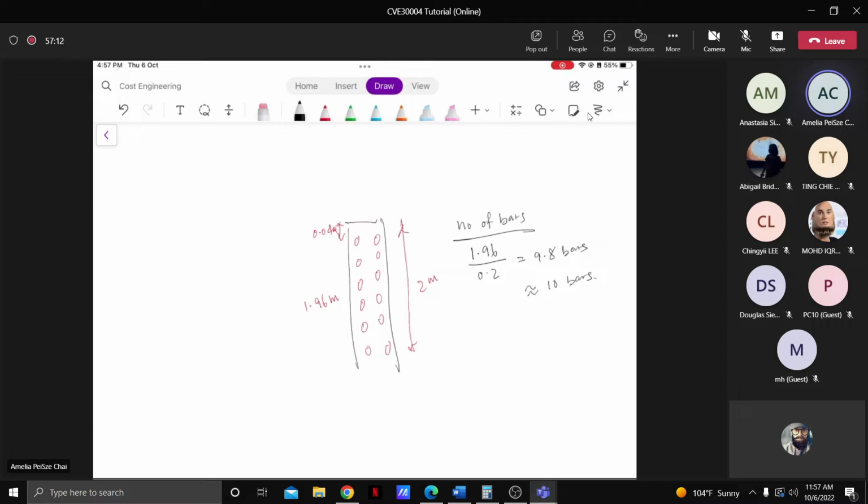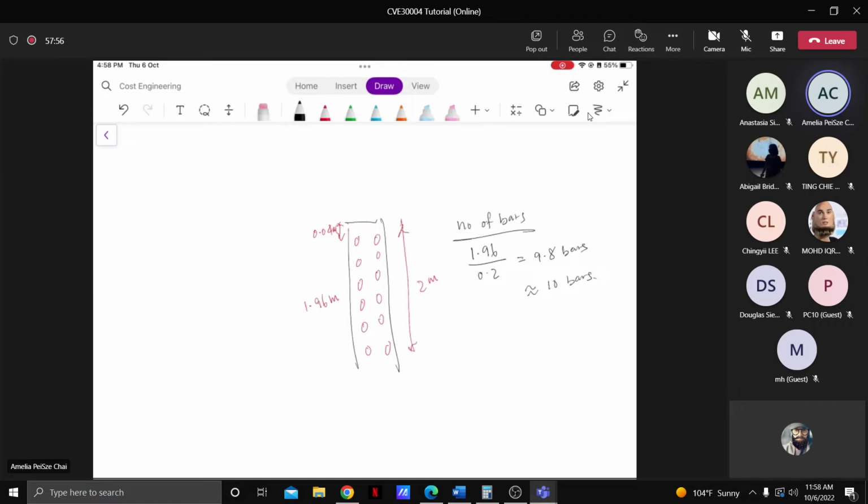Too small, is it? Direction 1, you find out your numbers of bars and also your length. So you repeat it for direction 2, numbers of bars and your length.